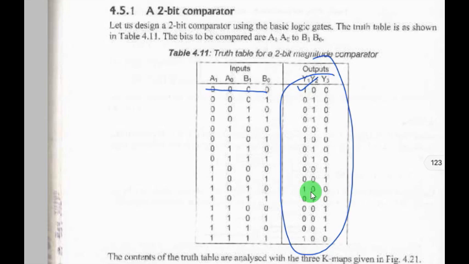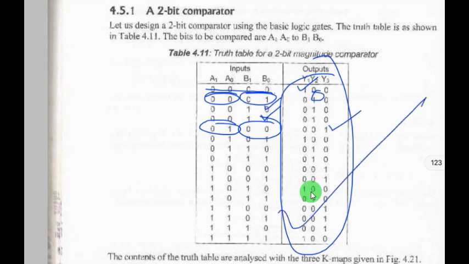When the A series is less than the B series, we activate Y2. If the B series is still bigger than that one, then we have the A series bigger than the B series, and therefore we activate the last one, and the story goes like that until you have that truth table of the 2-bit magnitude comparator.